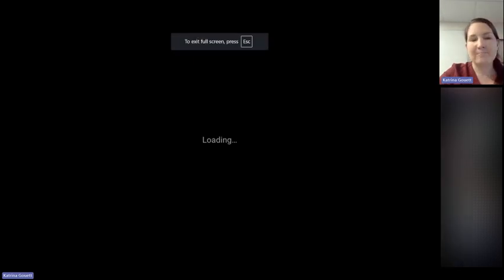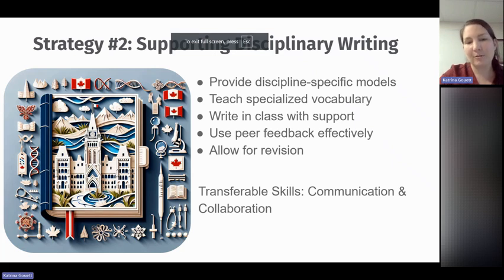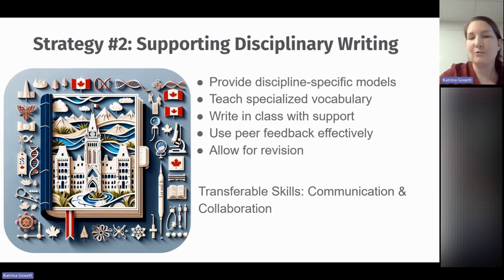So when we assign more formal writing in history or geography, students need specific supports. And so showing models of effective disciplinary writing, like a well-written historical analysis that you likely have shown students already, and explicitly teaching specialized vocabulary they'll need is really important. And Copilot can help with both of those. So we can have students write in class where you can provide real-time guidance.